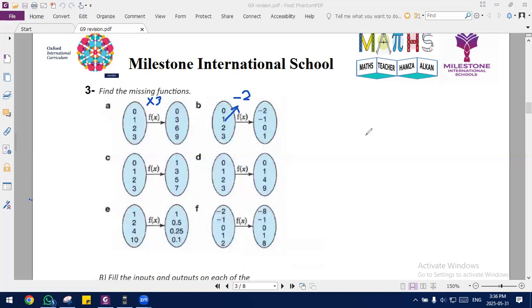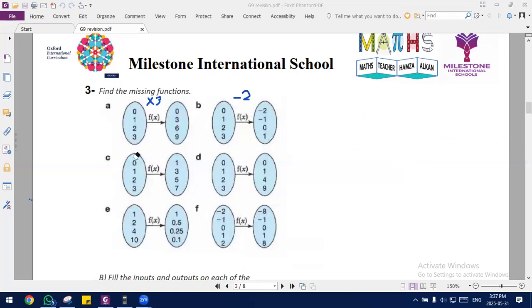Minus 1. Yeah, correct. Then 2 minus 2 is 0. Then 3 minus 2 is 1, yeah, correct. So is it correct? Yes. So the function is minus 2.